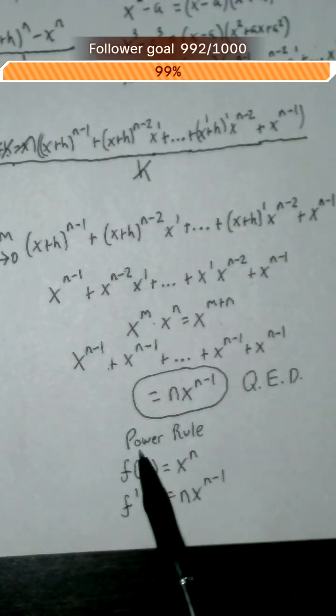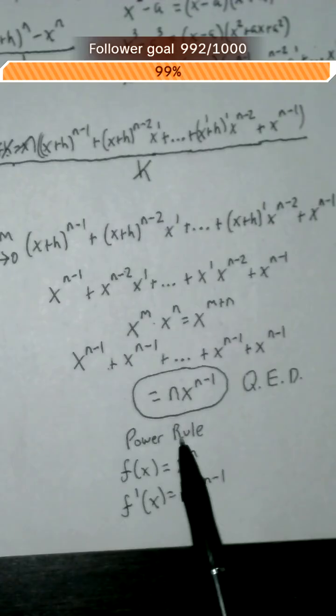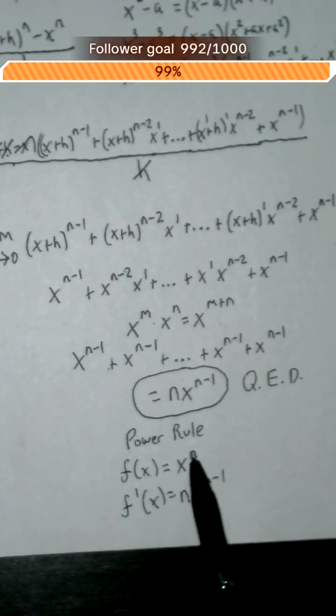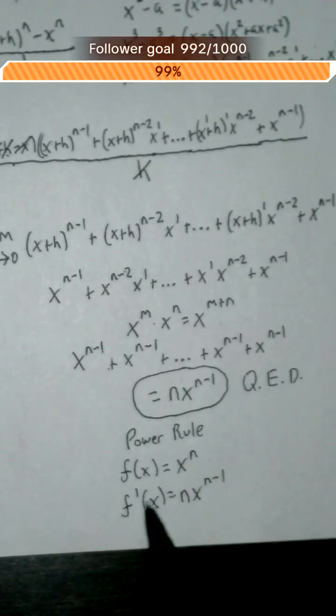So this is called the power rule for derivatives. So if we have a function that's x raised to any power, then the derivative, what I do is I take that power, move it out front, and subtract 1 from the power.